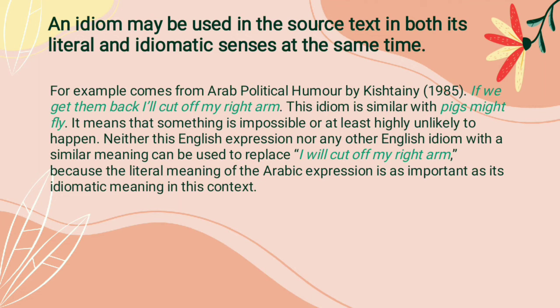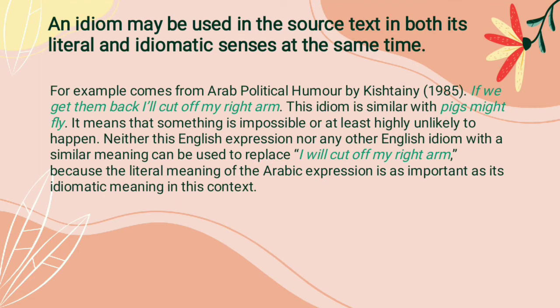This idiom is similar to "pigs might fly." It means that something is impossible or at least highly unlikely to happen. Neither this English expression nor any other English idiom with a similar meaning can be used to replace "I will cut off my right arm," because the literal meaning of the Arabic expression is as important as its idiomatic meaning in this context.